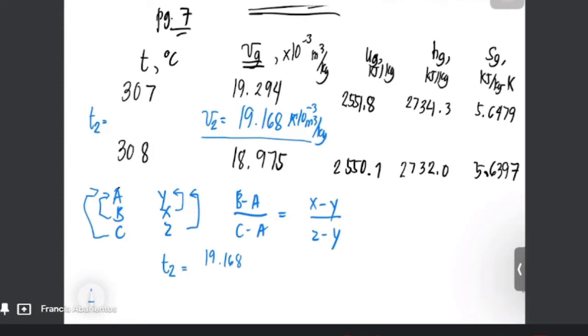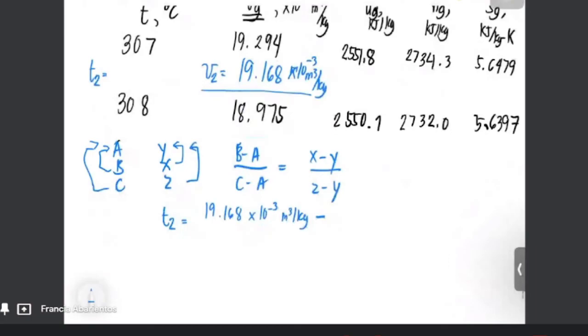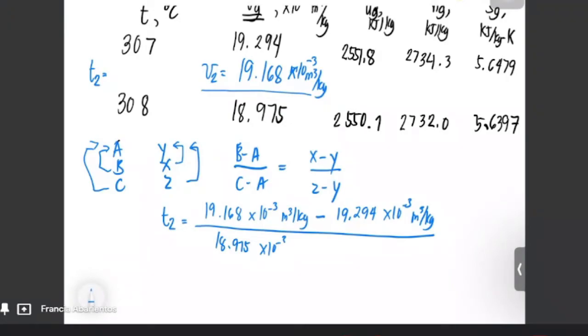168 times 10 to the negative 3. Wow, galing, class ha. Meron na kayong sagot. Okay, pakita lang natin sa mga classmates natin. 294 times 10 to the negative 3 per kilogram, divided by the difference.